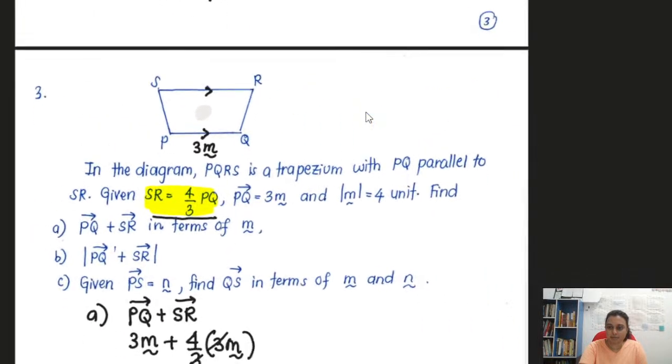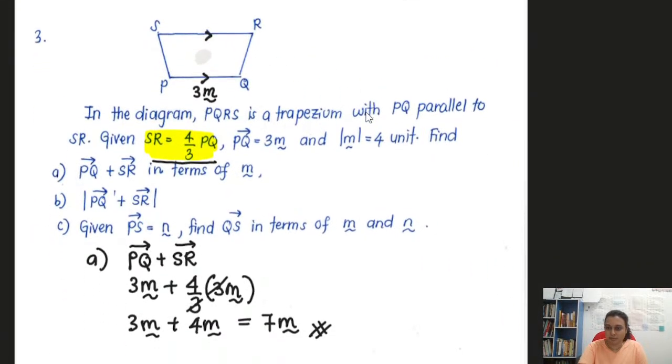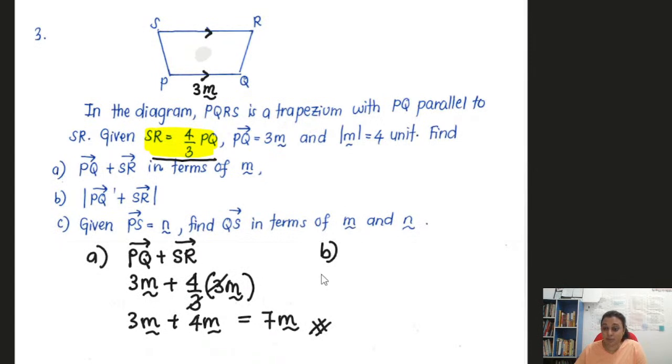Okay, B. Even though that's modulus, but for this bab, we will say it as magnitude. Okay, ini adalah magnitude. Cari magnitude PQ tambah SR. PQ and SR I know already is 7m, correct or not?